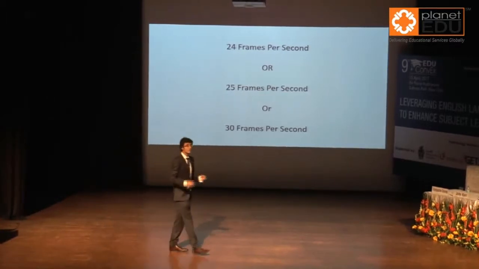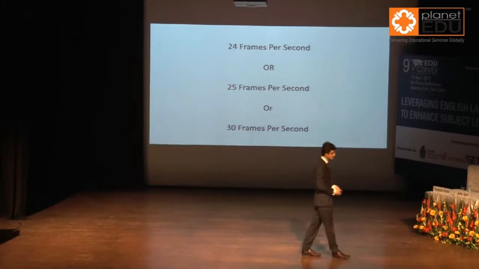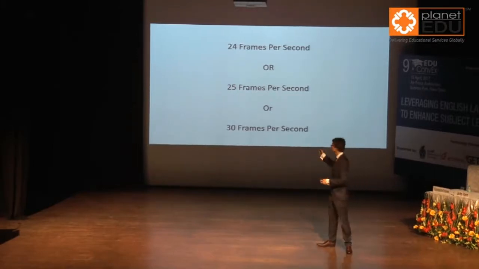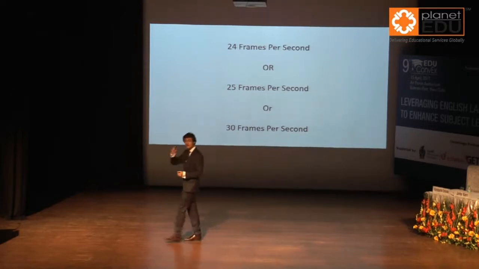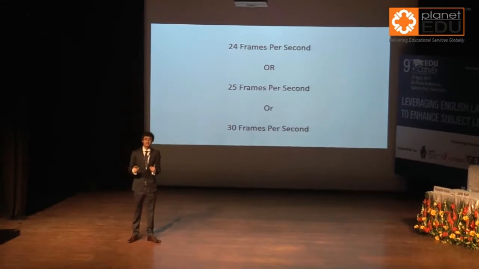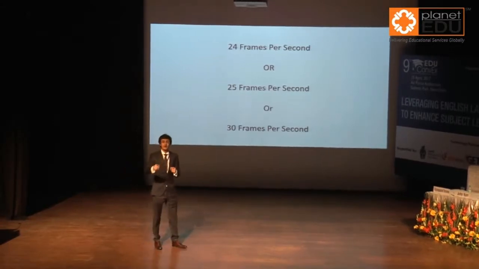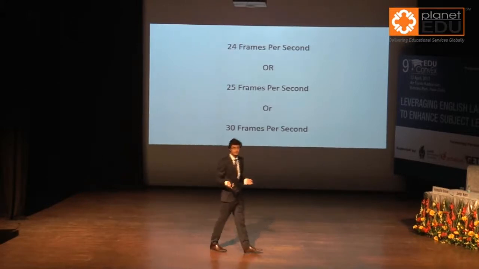When we watch movies, and we all love movies, they're either in 24 frames, 25 frames, or 30 frames in 1 second. That means there are 30 still images displayed in front of your eyes in every second. And that's a lot.